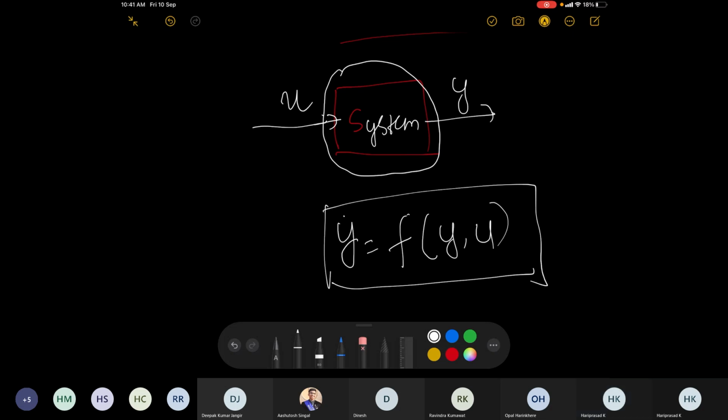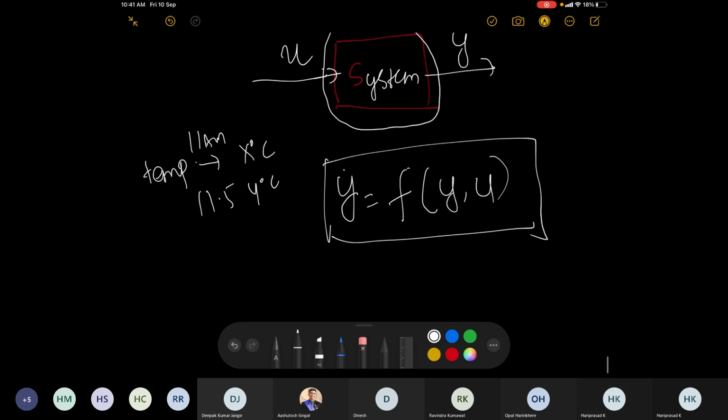because what is happening is the temperature at, let's say, time 11 a.m. is x degree C, and let's say 11:05 becomes y degree C. So of course, when you move from x to y, you should know this path. So x and y would be most likely related.